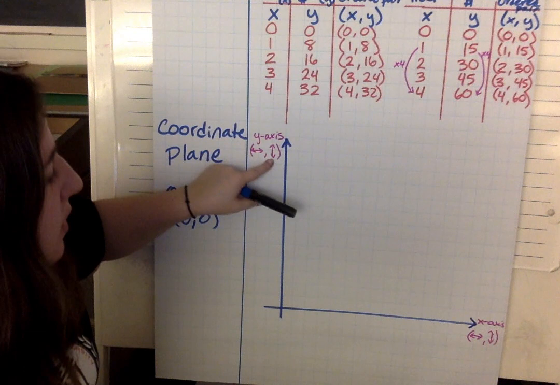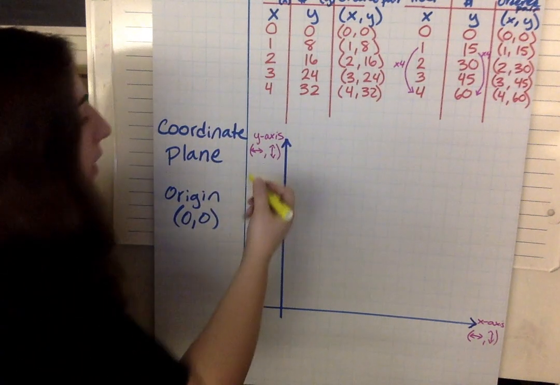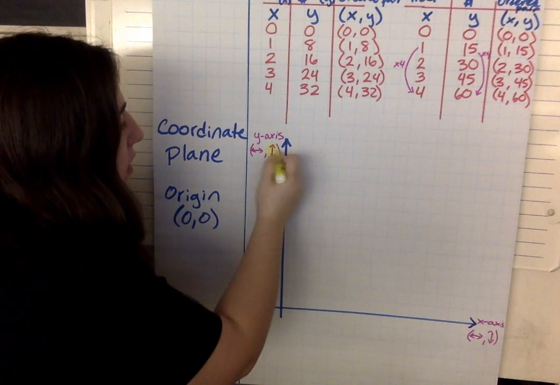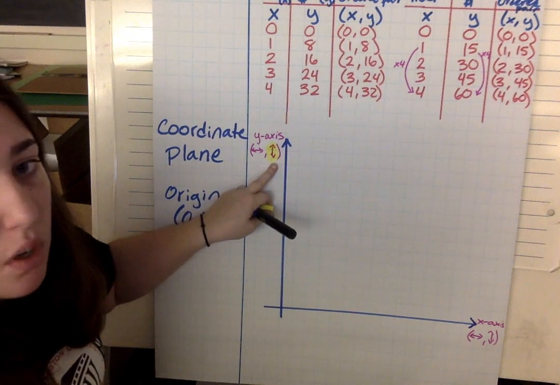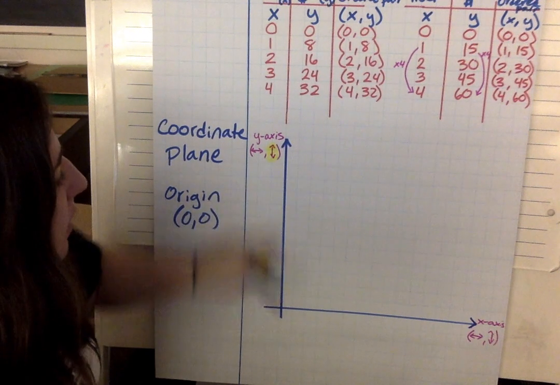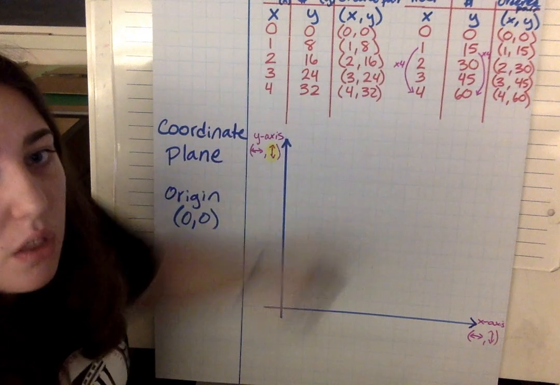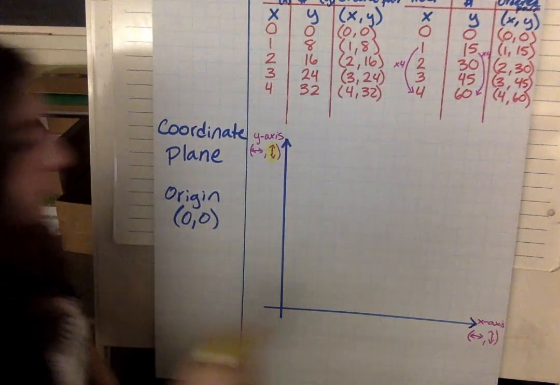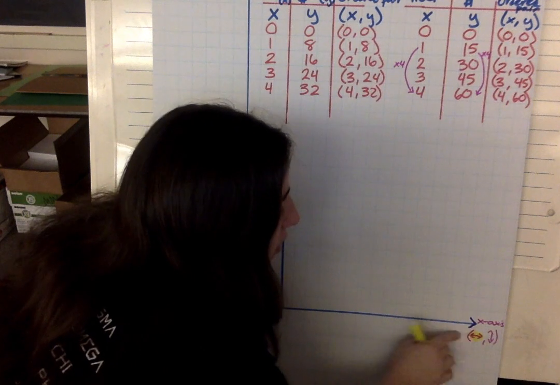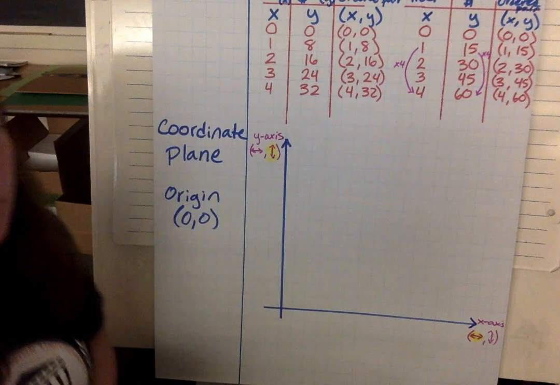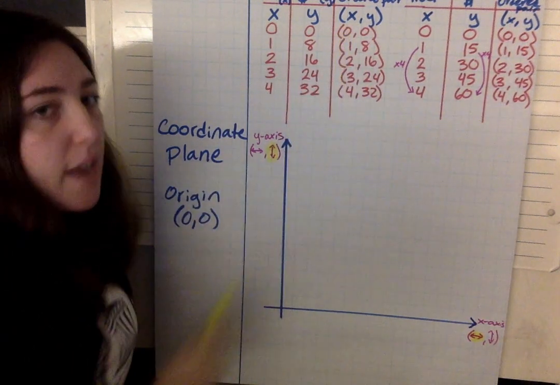So for the y-axis, it goes up and down, so I'm going to highlight that. That way I remind myself that when I'm graphing on this coordinate plane, the y-axis is always going to be this spot on the ordered pair. So these numbers right here are all our y. And then this horizontal, side to side, that's going to be our x. So these numbers right here are all our x.